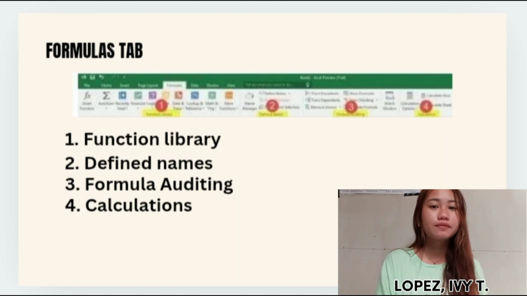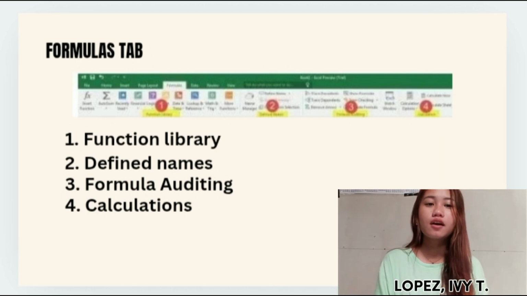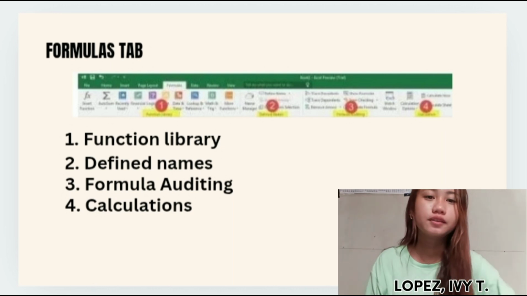This group is subdivided into important functions like financial functions, logical functions, date and time, lookup and reference, math and trigonometry, and other functions. One can also make use of the Insert Function capability to insert the functions in a cell.